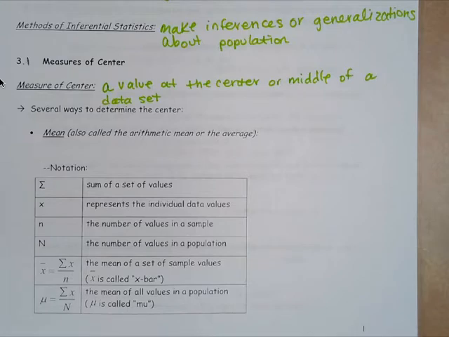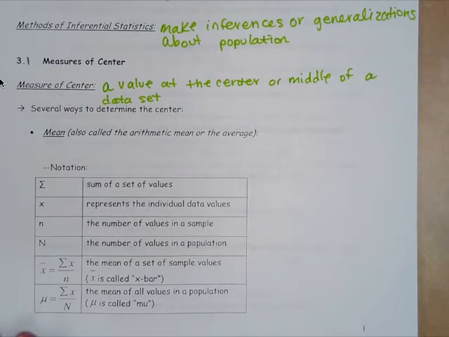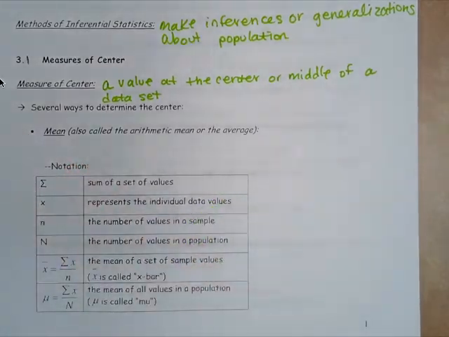So we've learned these as kids: mean, median, mode, right? Not range, because range measures the spread, but mean, median, and mode are all measures of the center. So mean, we all know how to find mean.